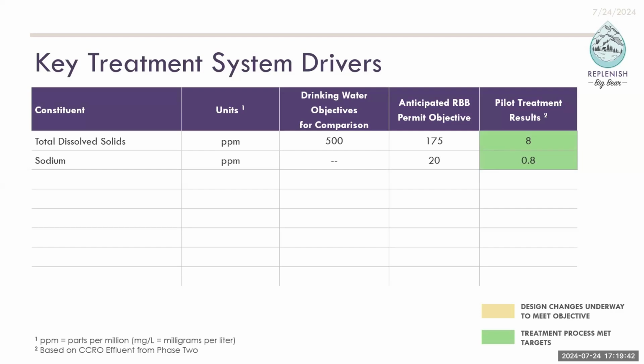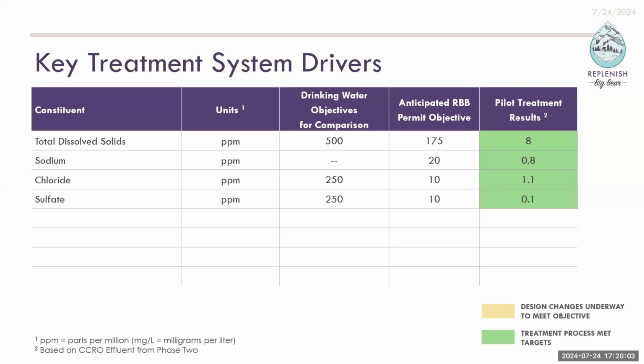As a subset of total dissolved solids, or TDS, we have sodium. That anticipated permit objective is 20, and we got down to 0.8. Chloride: drinking water objective comparison of 250 parts per million, 10 is what we anticipated, and we got down to 1.1.